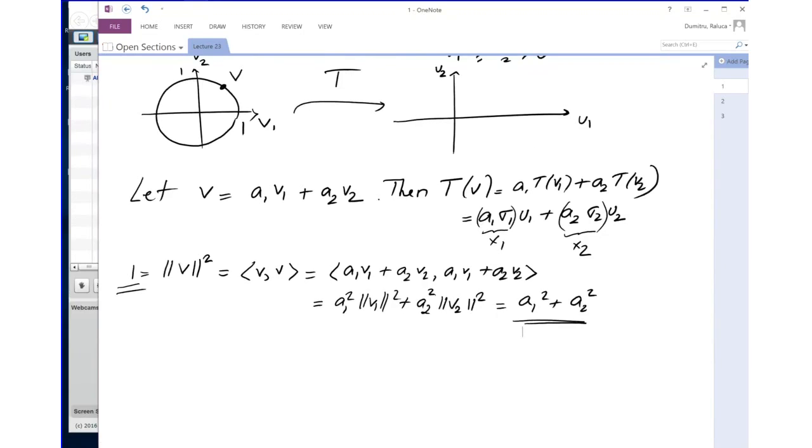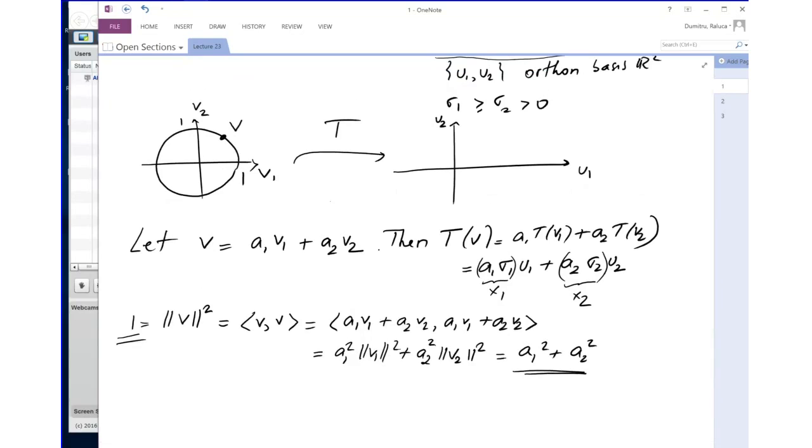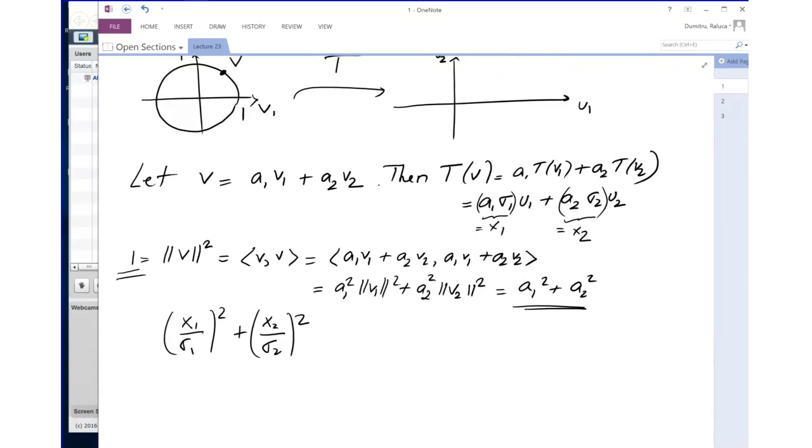All right, but for our x1 and x2, that means a1 is x1 over sigma 1, and a2 is x2 over sigma 2. This was x1 and that was x2. a1 squared plus a2 squared is 1.